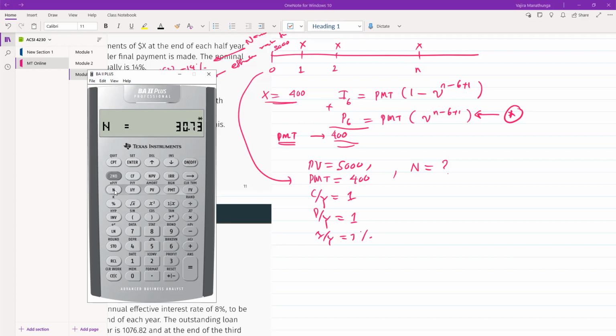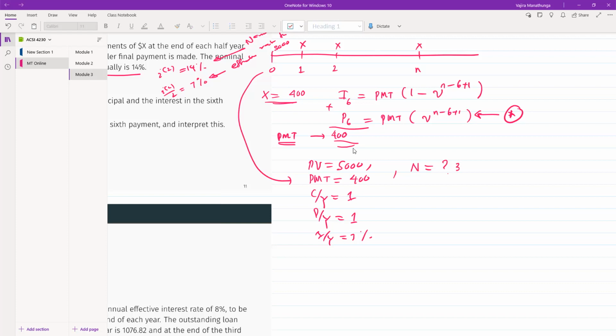So n is 30.73. That means you have 30 full payments. So this means basically n equals 31.